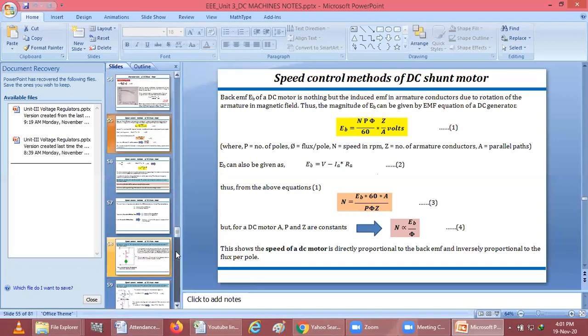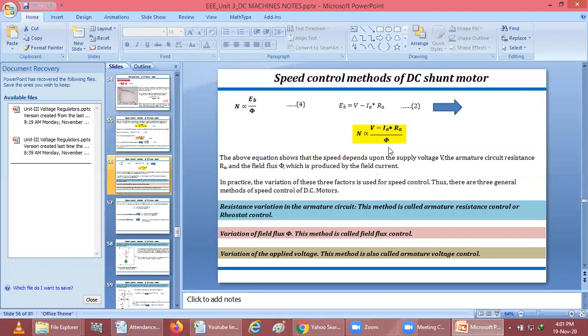Now I have written the same equations here, the second and the fourth equations which we get. If you put the second equation in the fourth equation, you will get N directly proportional to Eb, which is V minus IA Ra, upon phi.